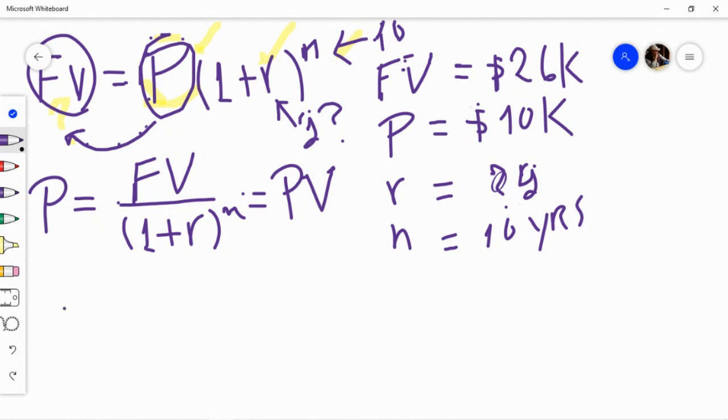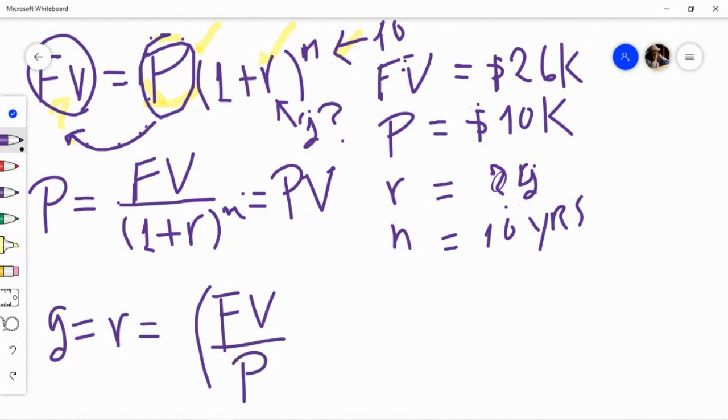Then we are ready to solve for g, which is r in this case, the interest rate, but it is a compound interest rate, so it goes by many different names. So how do you solve for that? I gave you the formula already: future value over P, raised to 1 over n, minus 1.